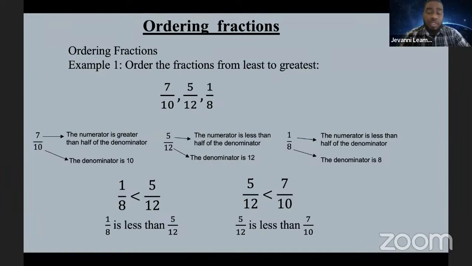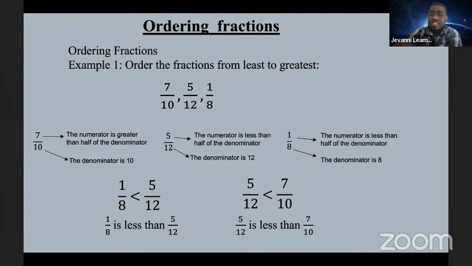Now, the 5/12 is closer to half, but the 7/10 is greater than a half, right? So obviously in this scenario, 5/12 is less than 7/10. Now, arranging from least to greatest, which fraction would I write first?